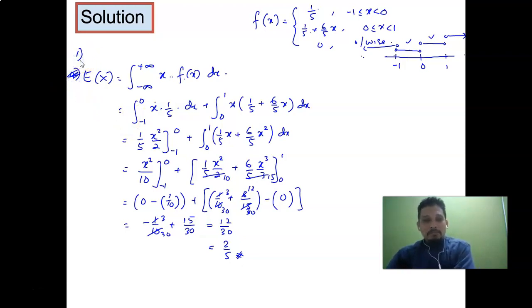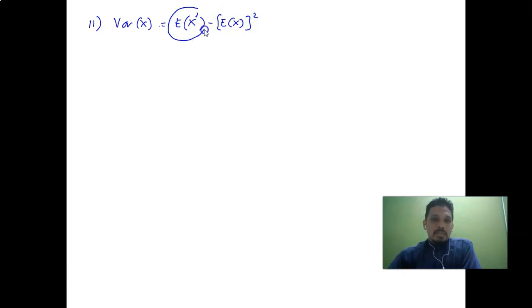Okay, next one. For question part 2, variance of x. Before we find the variance of x, we need to find E of x squared minus E of x in brackets squared. So this is the thing that we need to find out before we can find the variance of x.